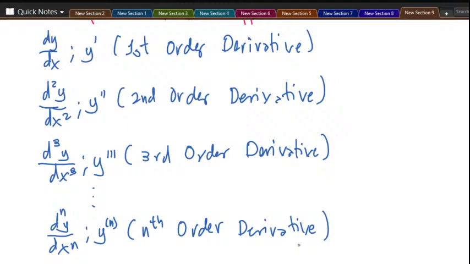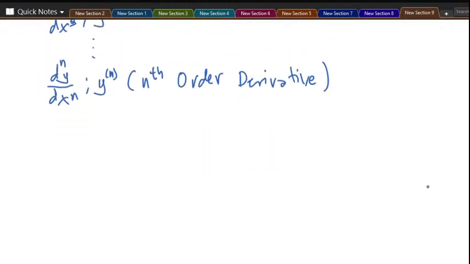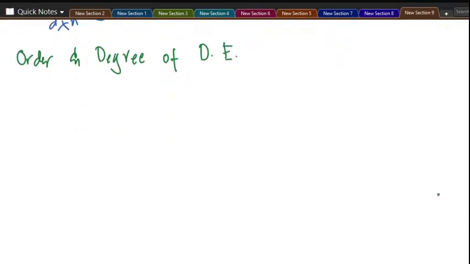Okay, now we will use this concept in getting the order and the degree of the differential equation. We'll use another color, green. So for the order and degree of our DE, let's first discuss the order.